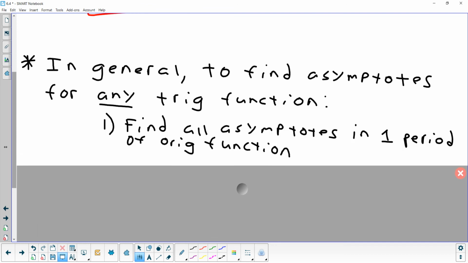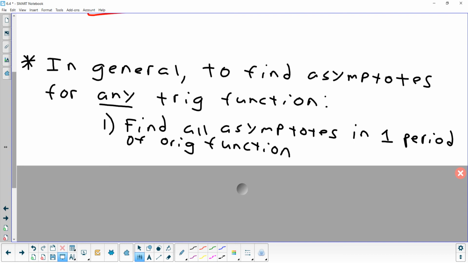Well, the first thing is you have to know what the asymptotes are in the original, just like when we sketch a transformation of sine and cosine. We have to know the original points first. So you want to find all the asymptotes in one period of the original function. For tangent and for cotangent, there is only one asymptote in each cycle. For secant and cosecant, that's not true. There are 2 asymptotes per cycle.